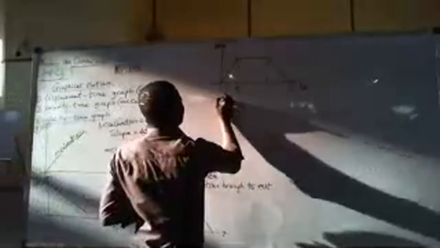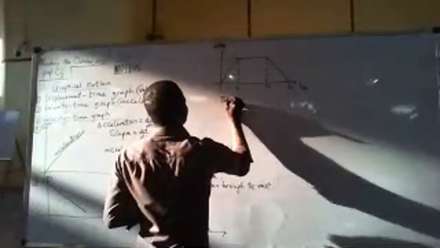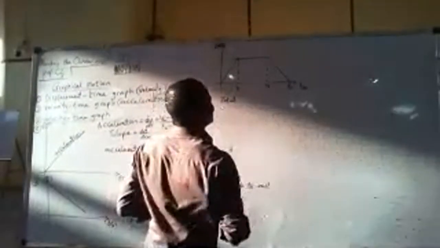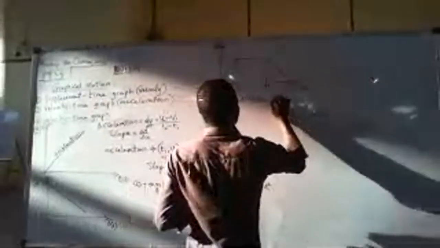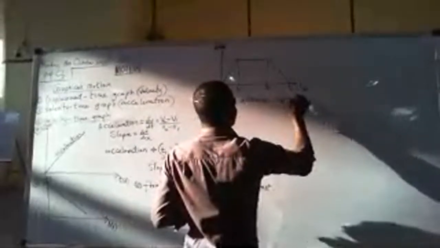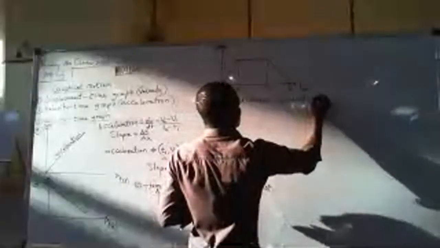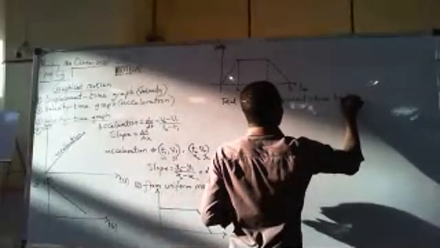To find acceleration, they can find the distance, but to find total distance, total distance represents the area of the trapezium. Is this not the shape of a trapezium? Area of what? Trapezium.